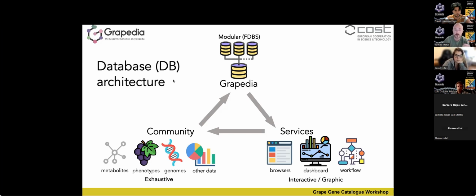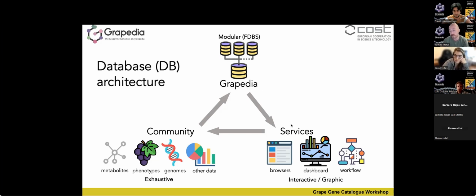And the idea will be to implement and integrate all of this data. In the past 30 years, the grapevine community has generated a lot of this data, especially in the last 2 decades. Then all these data will be integrated, or are already being integrated, in Grapedia with this modular architecture.